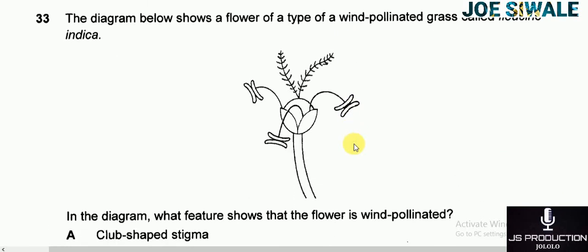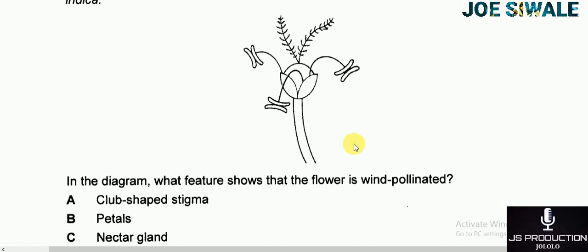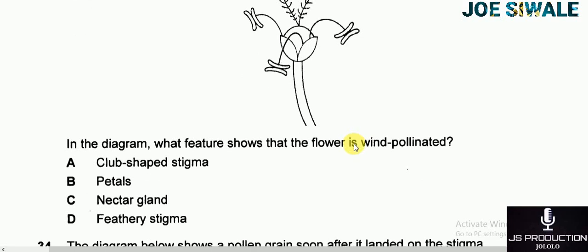Question 33 reads: the diagram below shows a flower of a type of wind pollinated grass called Lysin indica. So that's the diagram. In the diagram, what feature shows that the flower is wind pollinated?